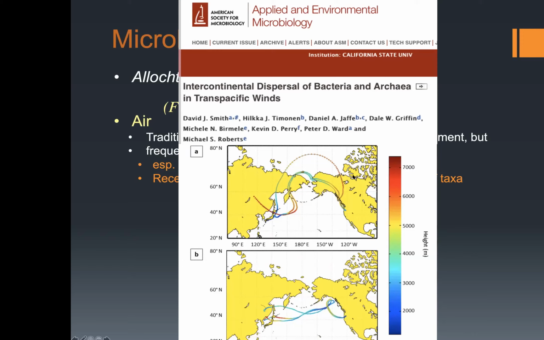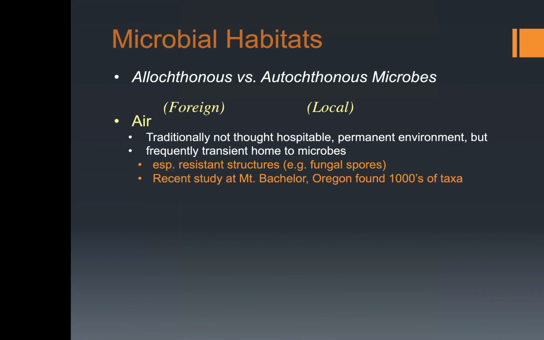Sometimes it goes up here over the poles. And of course, this is a fairly narrow gap, the Bering Strait, although that's kind of skewed because of the two-dimensional map here. But it can even be extended all the way across thousands and thousands of miles of ocean.